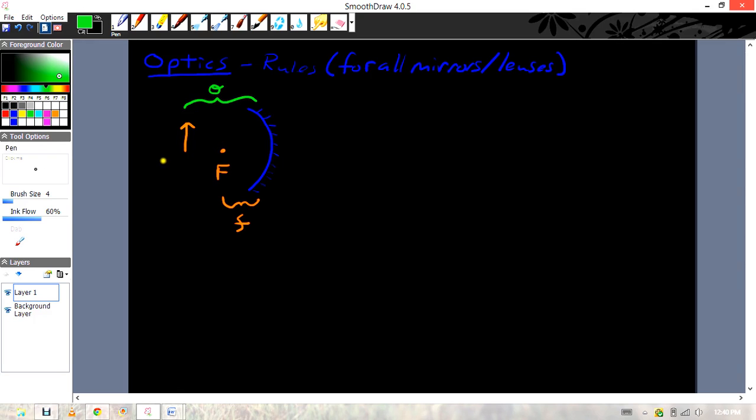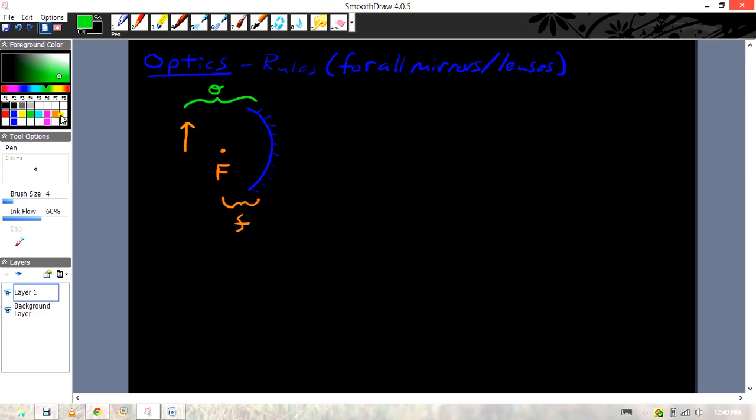And of course there will be an image. Ray diagrams are one way to figure out the image, and it should occur somewhere over here or over here. I believe this one, if I'm doing this right, will occur back here somewhere.